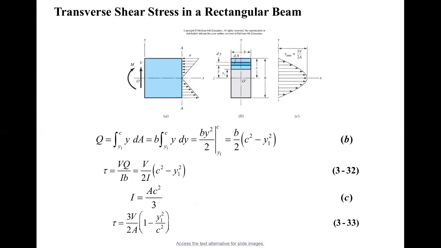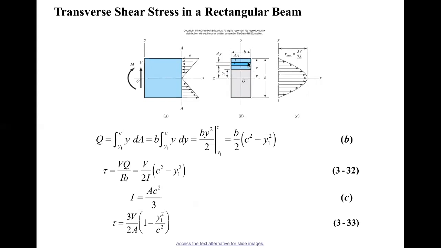And Q, the first moment of area, we can find. This is the shaded area from the C surface to y, to the particular location.